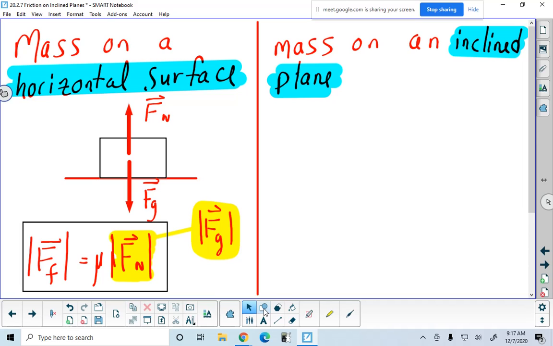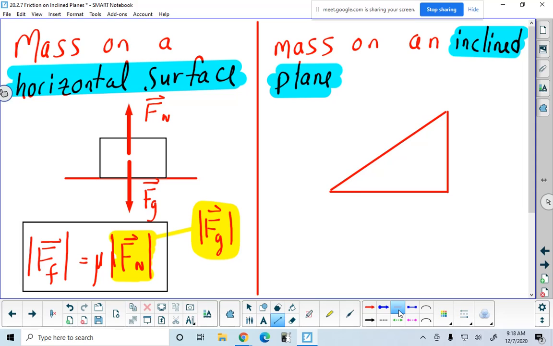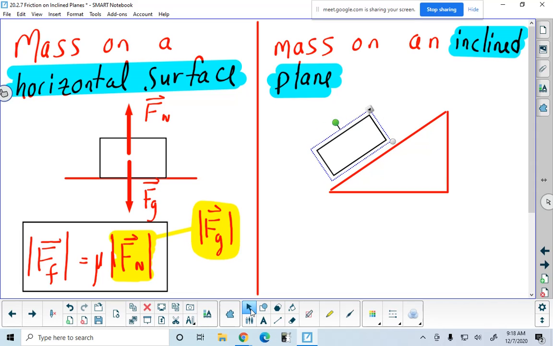So when I draw this, this is entirely different. What we are talking about here is an object on some slope. Typically we draw the inclined plane by drawing a triangle, with an object on it. It doesn't matter how big or small the object is, but it's either at rest on the surface of the plane or it's moving.